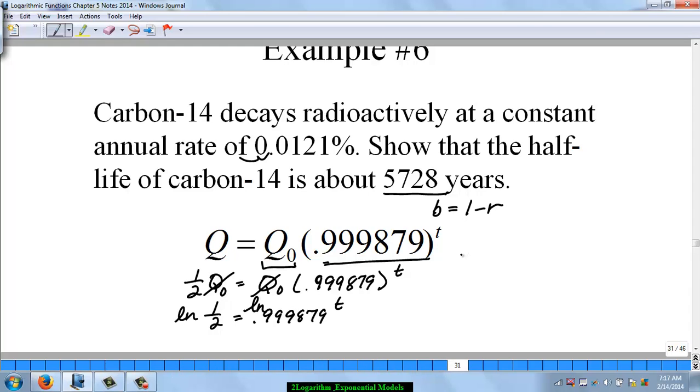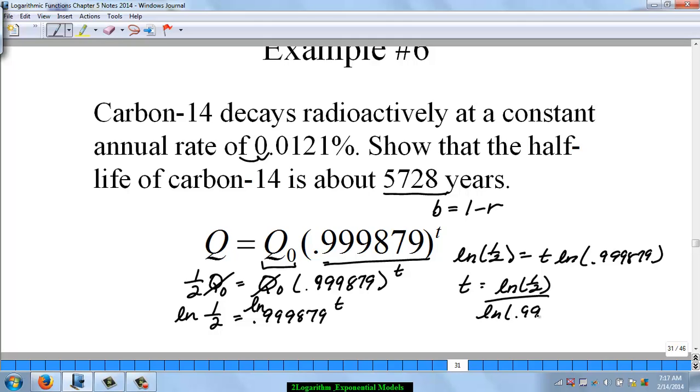So I have the natural log of a half equals T natural log of 0.999879, and I'm going to divide by that, so I have T equals the natural log of a half divided by the natural log of 0.999879. Boy, a lot of nines in there. And that's going to equal roughly 5,728. So I've shown that that is the half-life. So that's cool. It's long, but it's cool.